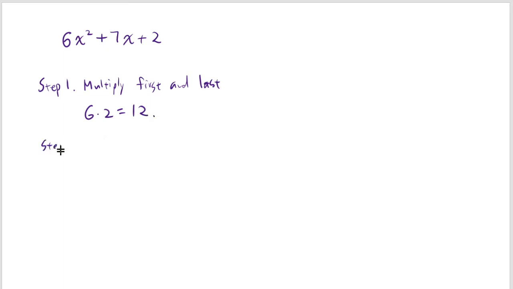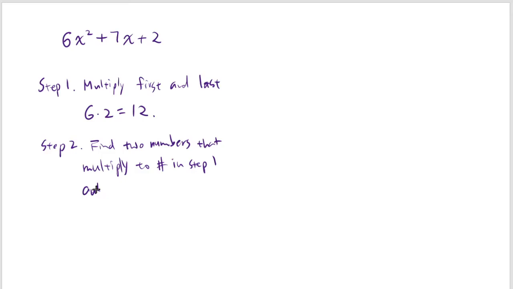And step 2, find two numbers that multiply to the number in step 1 and add to the middle number.